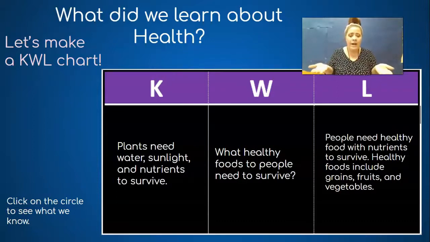We wanted to know what healthy foods people need to survive. Do you remember what we learned during our last lesson? That's right. Good memory. People need healthy food with nutrients to survive. Healthy foods include grains, fruits, and vegetables.